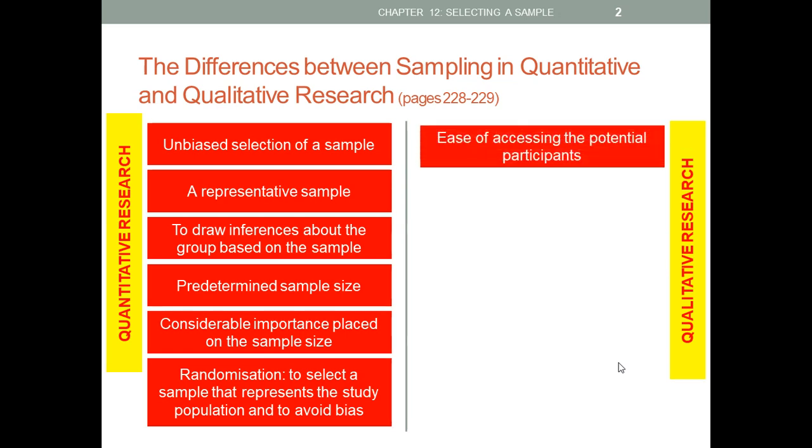In contrast, qualitative researchers practice their qualitative sampling based on very different considerations from quantitative researchers. For example, they select participants because of the ease of accessibility to potential participants.